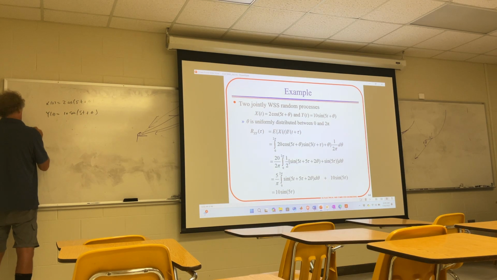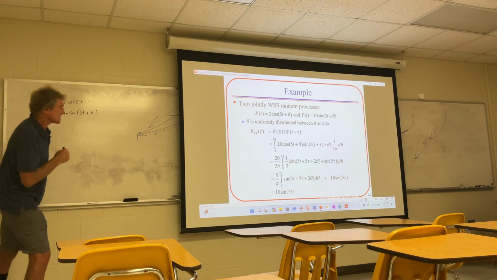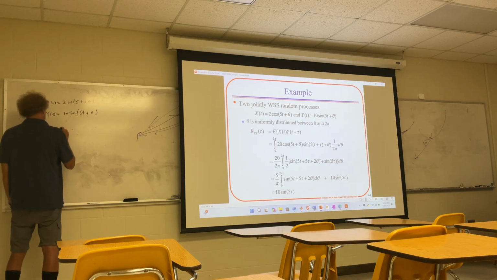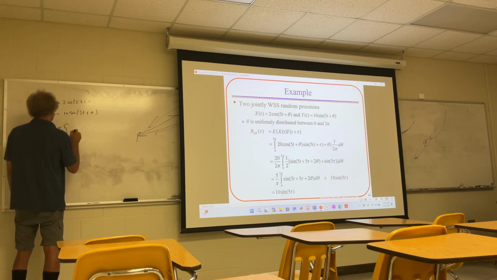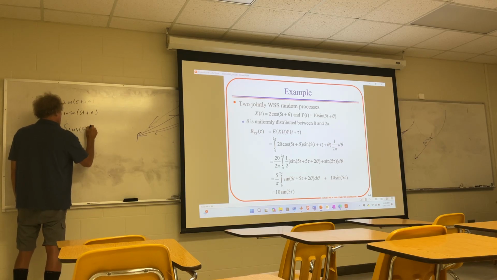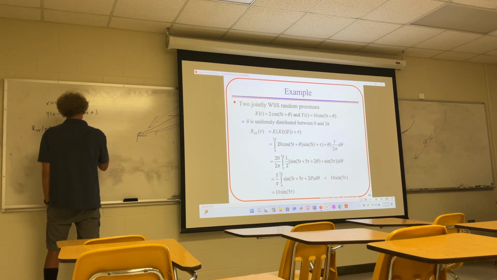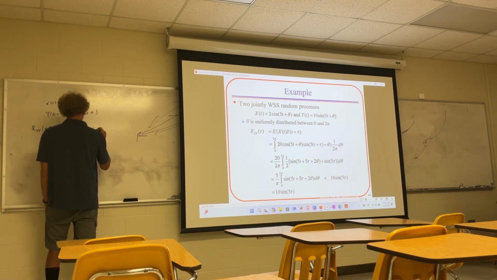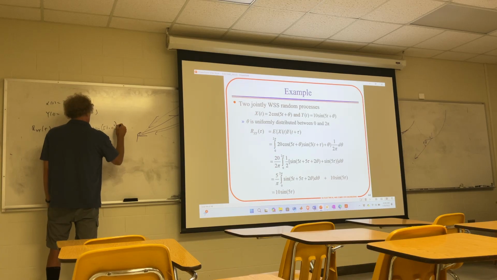And he wants this estimated value. He wants the cross-correlation function, R_xy of tau. Really what we're talking about is the expected value. This would be in the time domain, put x first, so we have 2 times cosine of 5t plus theta, and then it's going to be times 10, so I'm just going to make the 20 right here, 20 times cosine, and this is going to be a sine of 5t plus theta, and it's the expected value of that.